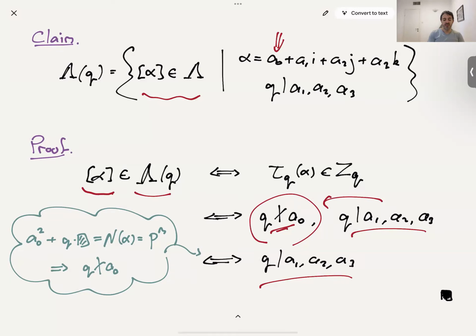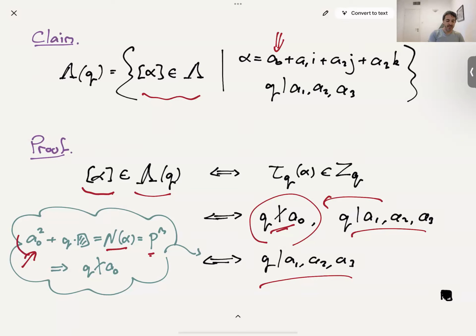And the reason is that, look at the norm of alpha. On one hand, it's some power of p. On the other hand, it's just the sum of squares of the coefficients. So you have a0 squared plus something that is divisible by q, even q squared really, because all of the imaginary coefficients are divisible by q. But anyhow, it's q times something.